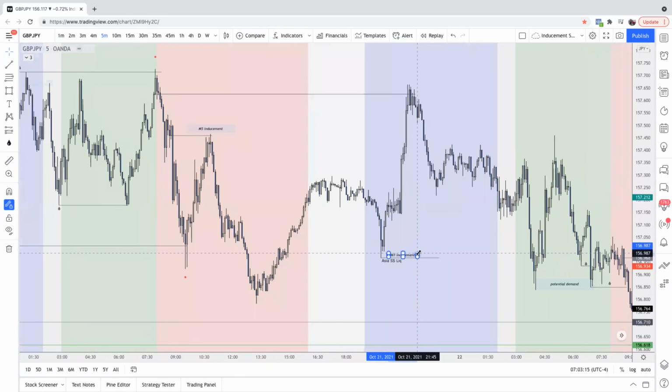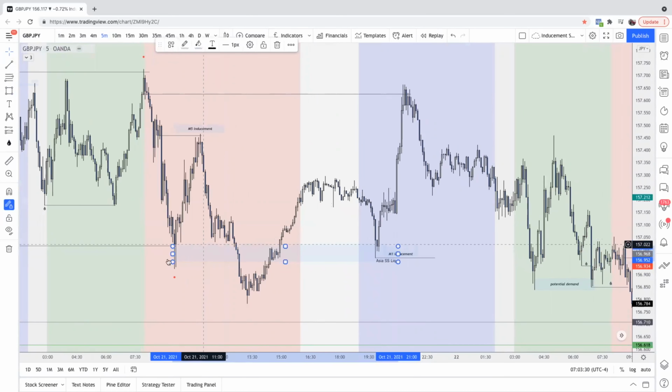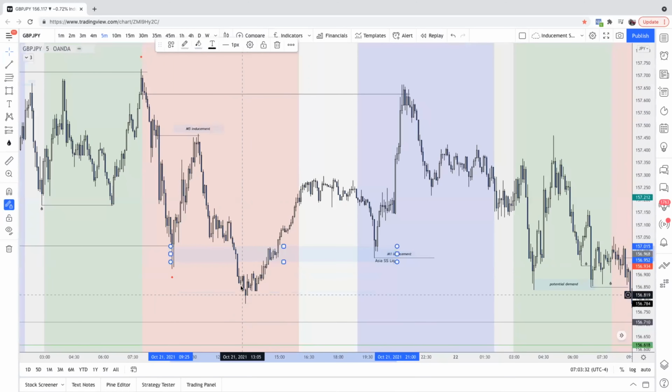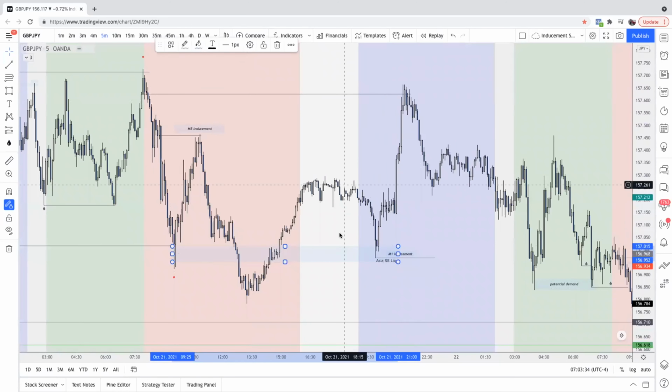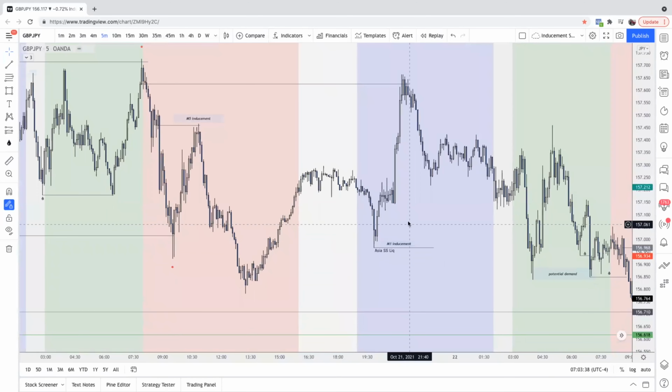Thinking from a bullish perspective, Asia creates inducement, look left, M1 inducement, key level, right? Because from a retail perspective, what does this look like? What they would call a head and shoulders, you know. So inducement, some key levels, M1 inducement.